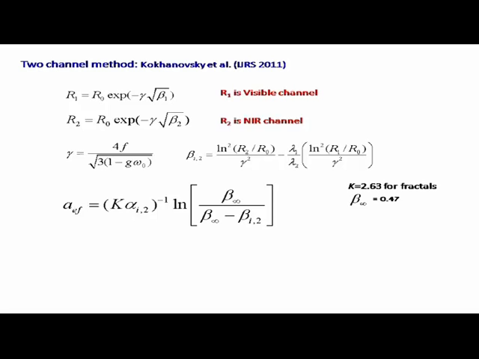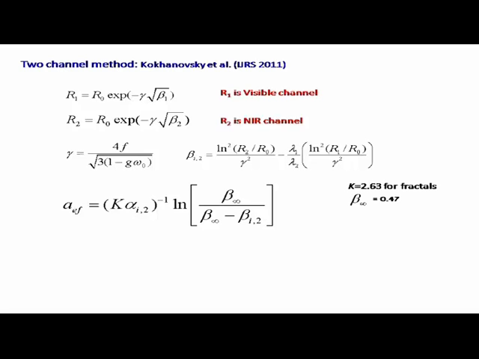For that we have used these equations. This one is for the visible channel, the absorption in the visible due to soot, and this is the equation for reflectance in the NIR region, where the absorption is due to the snow grain size, that is the ice, as well as any effect of soot.